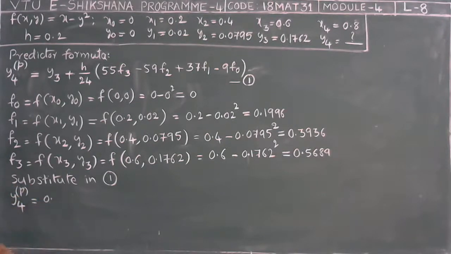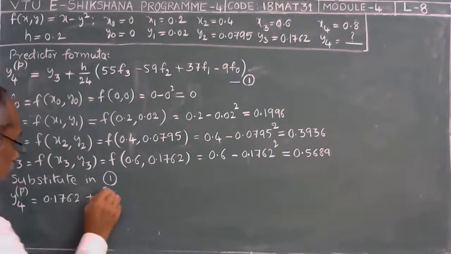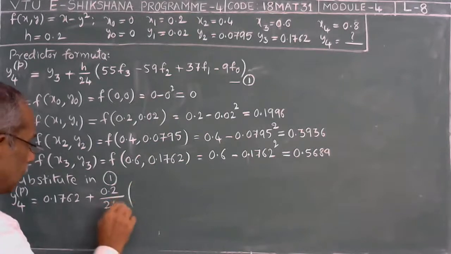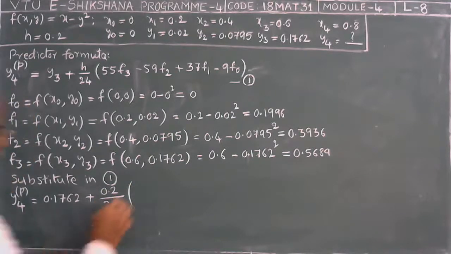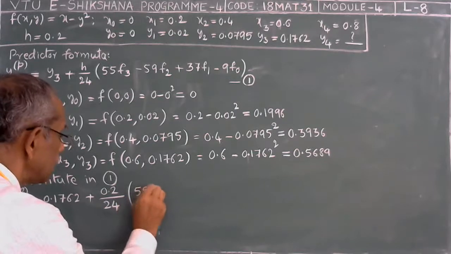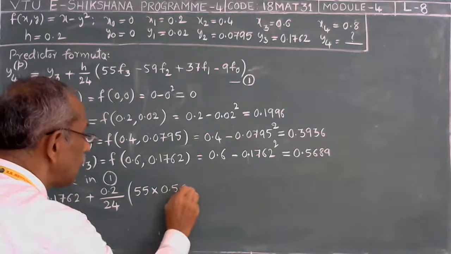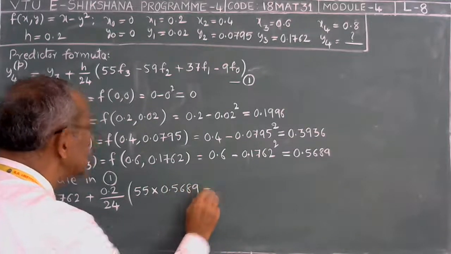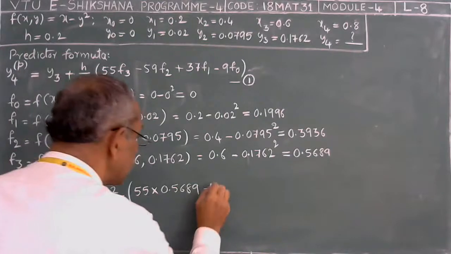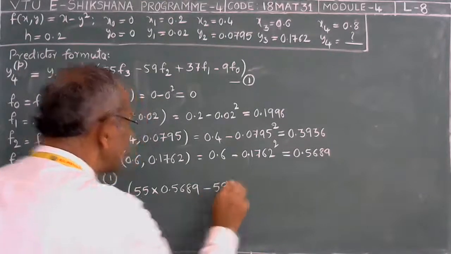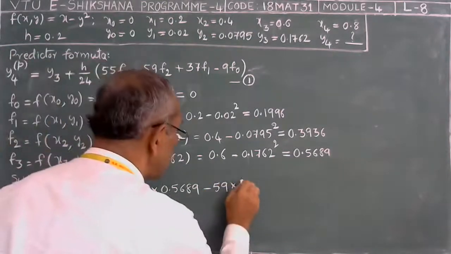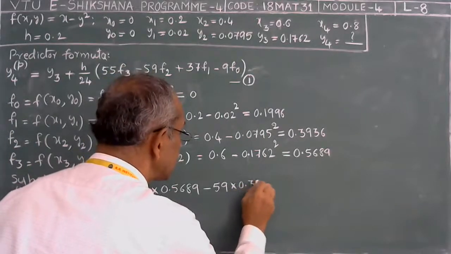Y3 is 0.1762 plus h by 24. h is 0.2 divided by 24 multiplied by 55 times F3. F3 is 0.5689 minus 59 times F2. F2 is 0.3936.